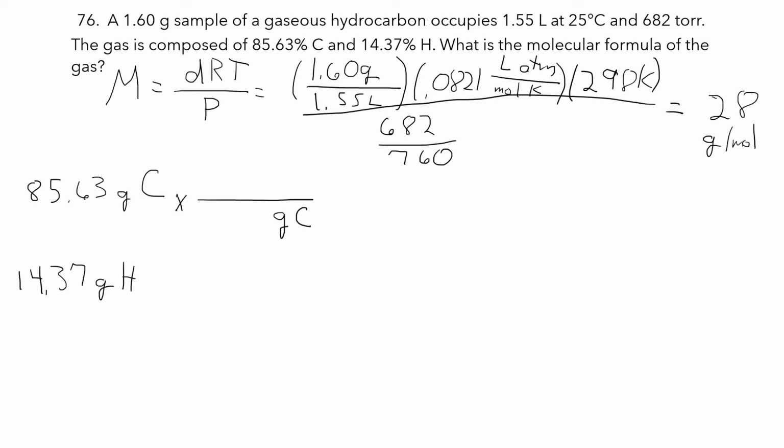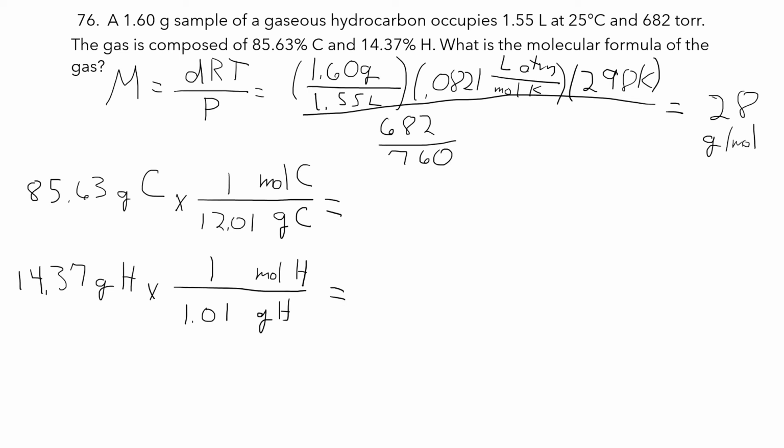So we want to turn grams of carbon into moles of carbon. So for every 12.01 grams, we have 1 mole. We want to do the same thing down here with hydrogen. We want to convert grams of hydrogen into moles of hydrogen. And so let's see, for every 1.01 grams of hydrogen, we have 1 mole. The 1.01 and the 12.01 just simply came off of the periodic table.